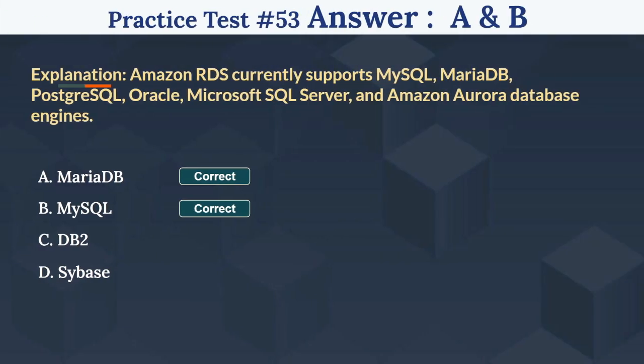So the right answer is A and B, MariaDB and MySQL. Amazon RDS currently supports MySQL, MariaDB, PostgreSQL, Oracle, Microsoft SQL Server, and Amazon Aurora database engines. Let's move to the next question.